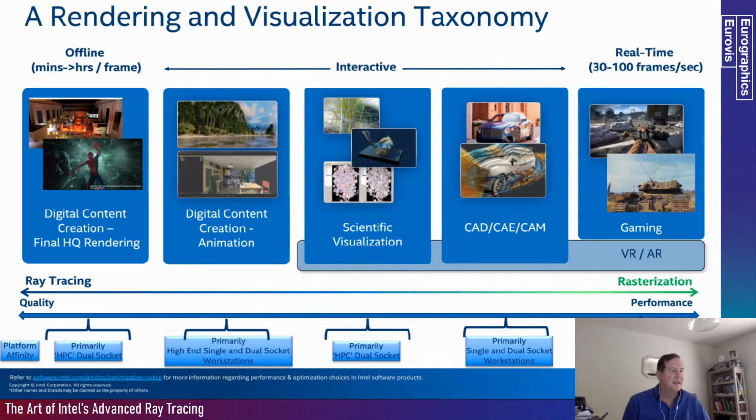Also, I'll be talking a bit about platforms. If you look at the bottom of the screen, you'll see the platform affinity from high-end dual socket Xeon workstations and multi-node or many-node supercomputers, all the way over to PCs and consoles.